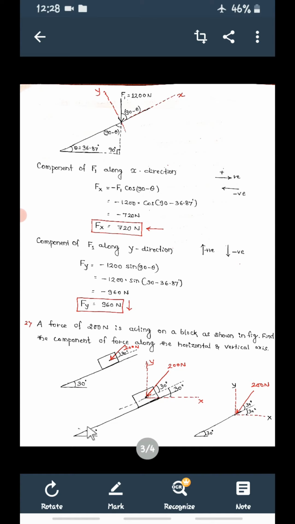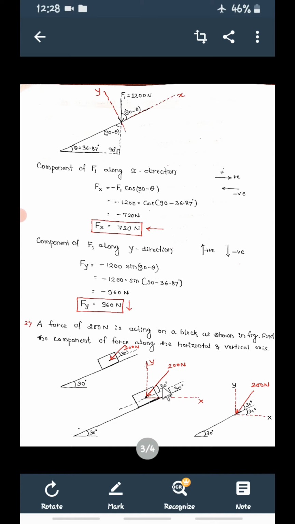If I draw a horizontal line here, this angle is also 30 degree, because of alternate angles.